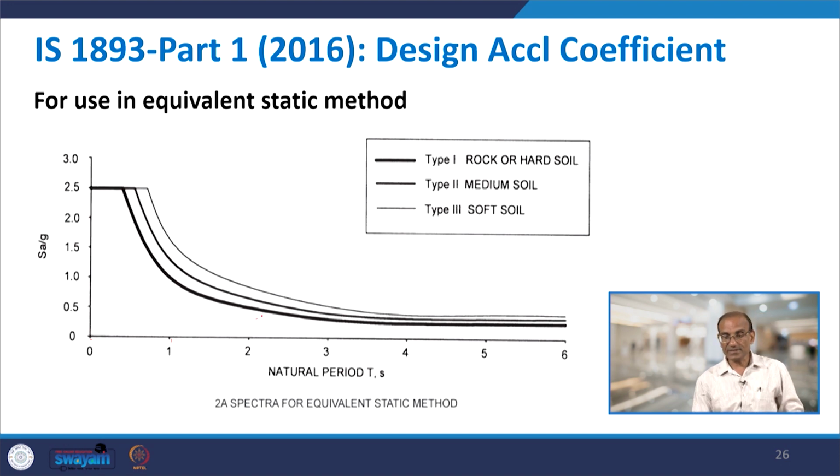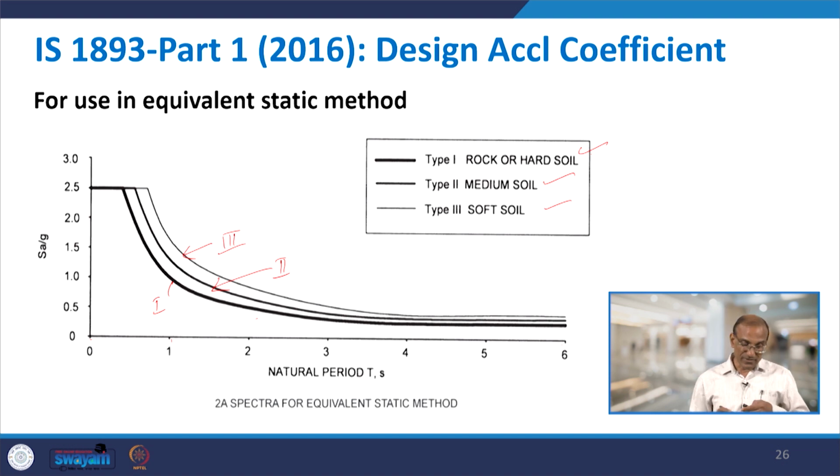These 3 curves are for 3 different soil types: type 1 is rock or hard soil, type 2 is medium soil, and type 3 is soft soil. If you have weak soil, for a given natural period, for example 1 second, you will have the highest value of SA by G, and the lowest value will be for type 1. So this curve is for type 1, this is for type 3 soil, and this is naturally for type 2.